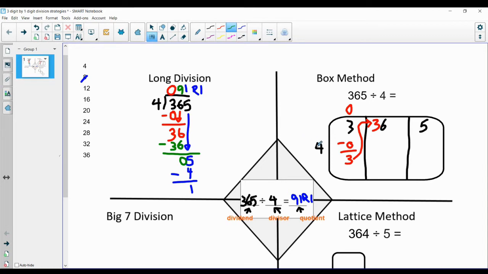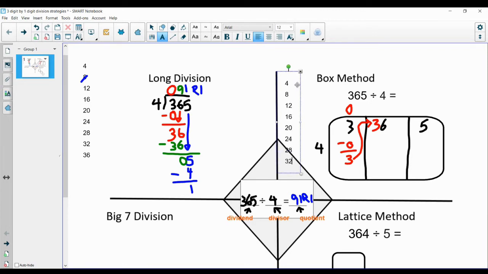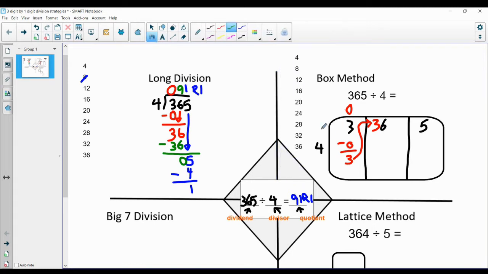Next, I'm thinking, how many times can 4 go into 36? Well, I'm going to skip count, or you can do it in your head. 4, 8, 12, 16, 20, 24, 28, 32, 36. Well, 4 can go into 36 1, 2, 3, 4, 5, 6, 7, 8, 9 times.